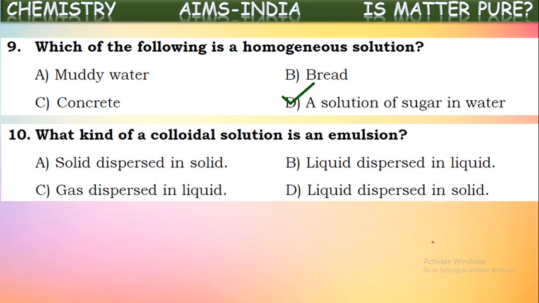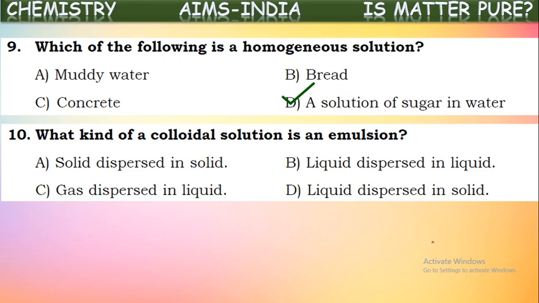What kind of colloidal solution is an emulsion? So what is an emulsion here? Emulsion is a mixture formed by mixing two immiscible liquids. So an immiscible liquid will be dispersed into another liquid. That is called an emulsion.